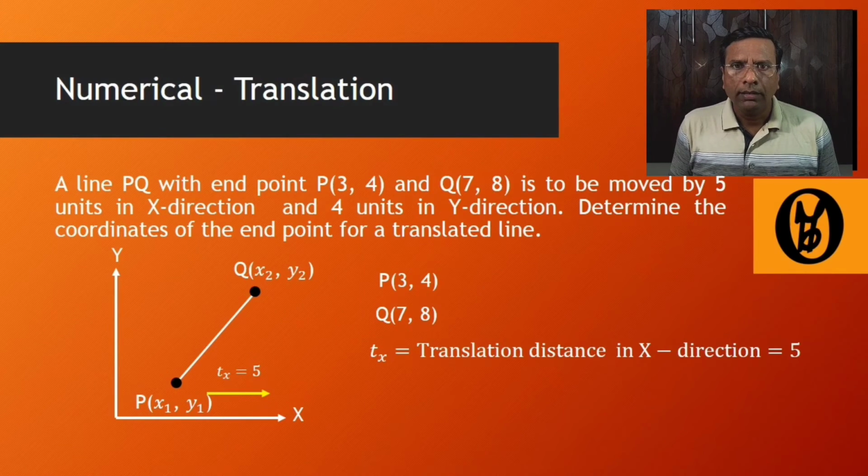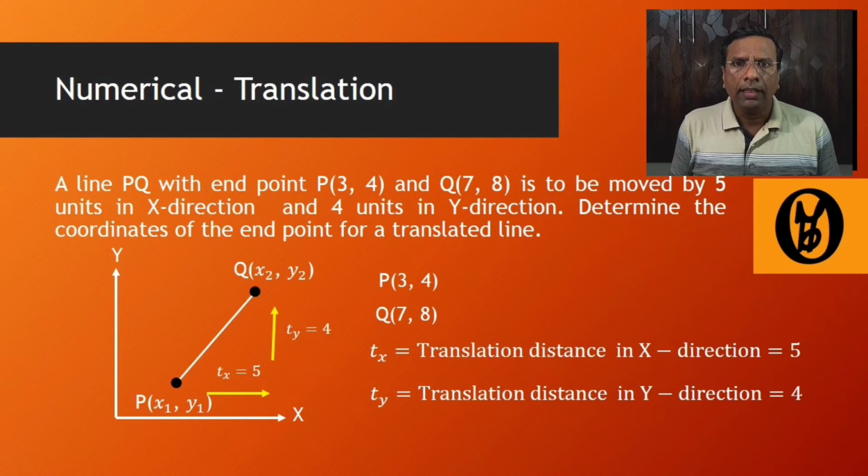So the translation distance Tx in x direction is 5 units, and the translation distance in y direction is 4 units. So we can name these as Tx and Ty.